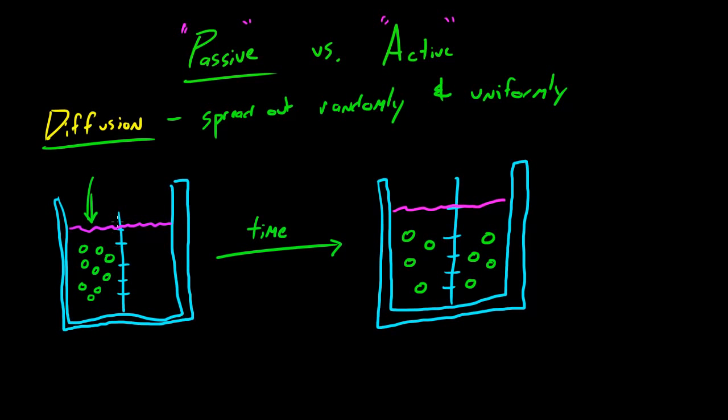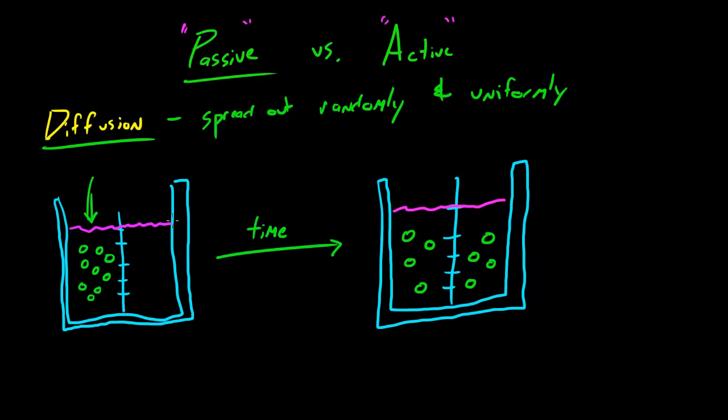Even though there is a screen that's semi-permeable, they can go ahead and spread out in the water, and that's because sugar molecules are, of course, a lot smaller than the holes in the screen. And of course, in a cell, I'm not just talking about how to put screens in buckets here. This screen right here would be the cell membrane. So that's the first process of how particles or molecules move past the cell membrane.